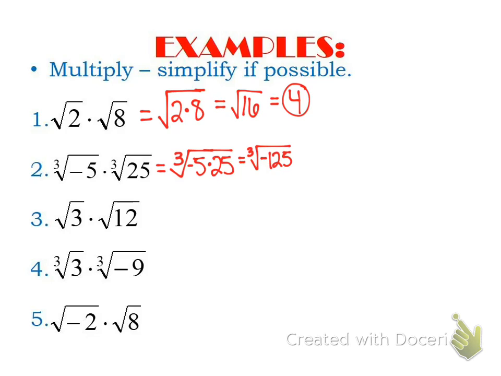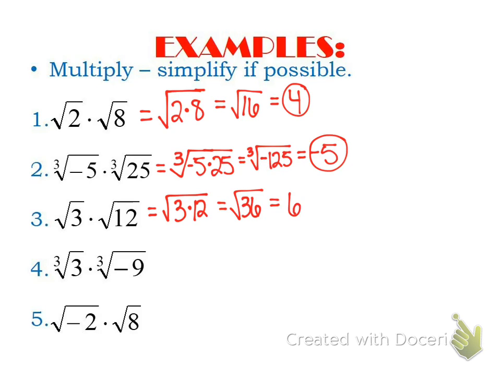And the cube root of negative 125 is negative 5. Number 3, we're back to taking square roots. The square root of 3 times 12. What is 3 times 12? The square root of 36 is 6.